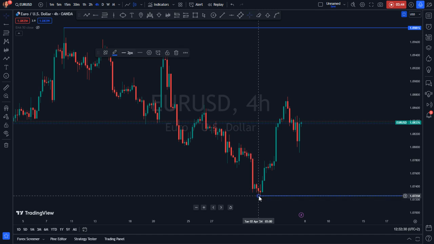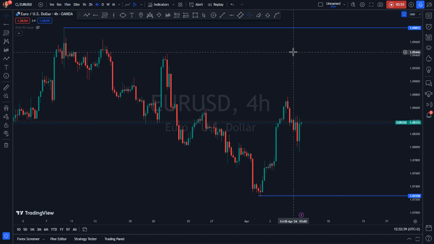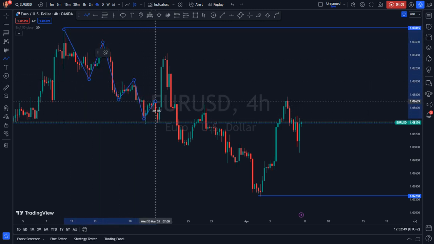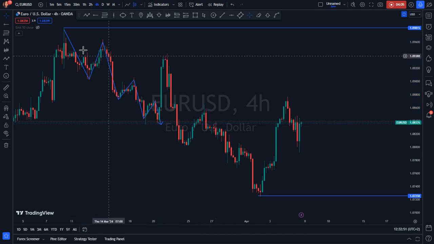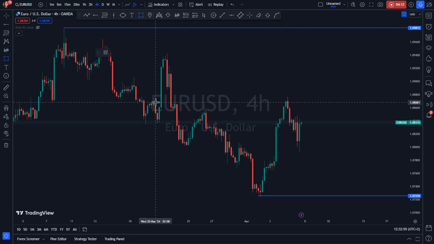I try to avoid the substructures, because at times they can make you easily make mistakes. In this case, these are just substructures, these are just substructures, all the way to this point right here. So the first lowest point that one could mark would be this one.